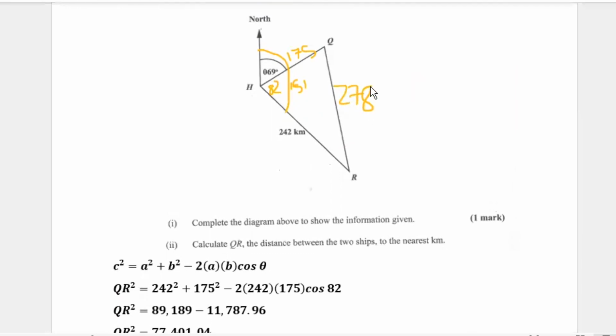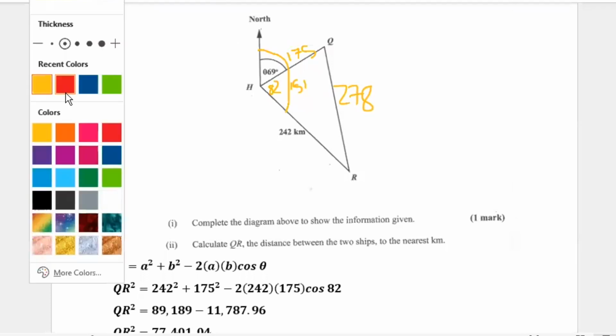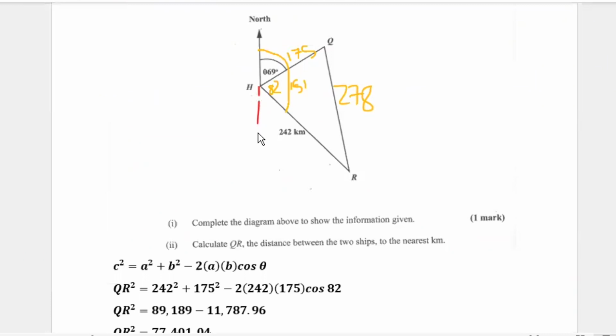kilometers. Now the next question asks us to calculate how far due south is ship R from the harbor. So how far due south, if we're looking at how far due south, so this is the harbor. So how far due south is ship R from the harbor?